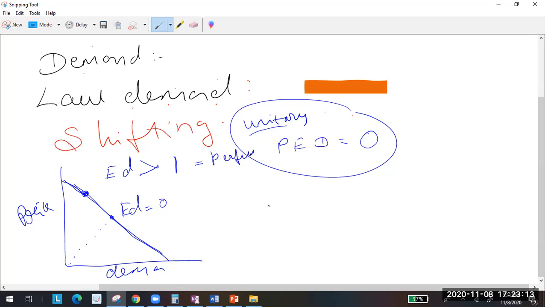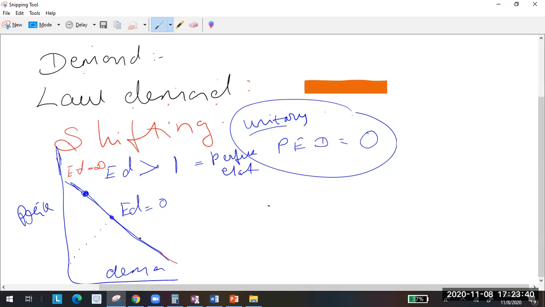Yes. Okay. And what does this point represent? ED equals zero, or ED equals one, less than one? No, actually this is never ending, right? So what does it represent? Infinite. Very good. ED is equal to infinity.